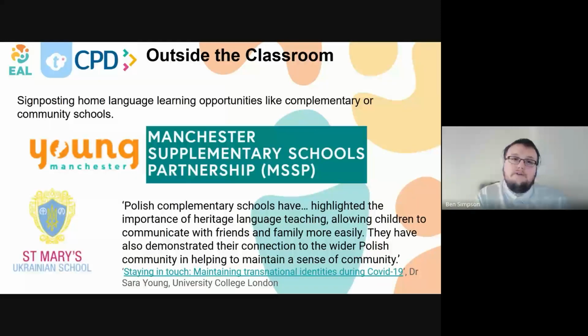Signposting home language learning opportunities like complementary or community schools. So you might have only one Romanian, or only one Pashto, or only one Spanish-speaking student in your school. Complementary schools allow for language exploration. You should check your local authority websites if you're in the UK for more information on local schools or activities which can link your learner to these new opportunities.